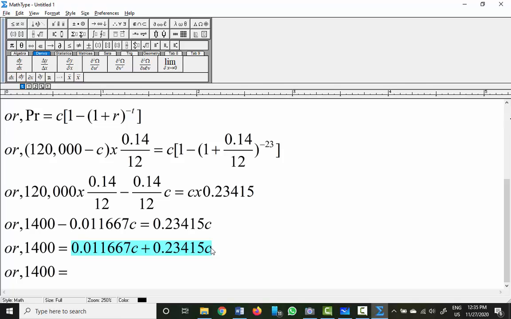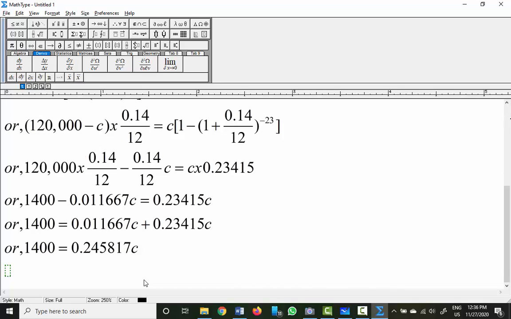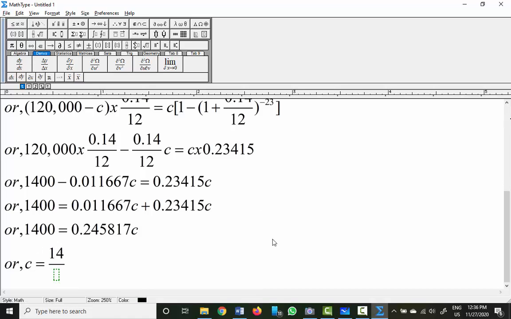So on the right hand side we will have 0.245 C, right? So C will be 1400 divided by this one.